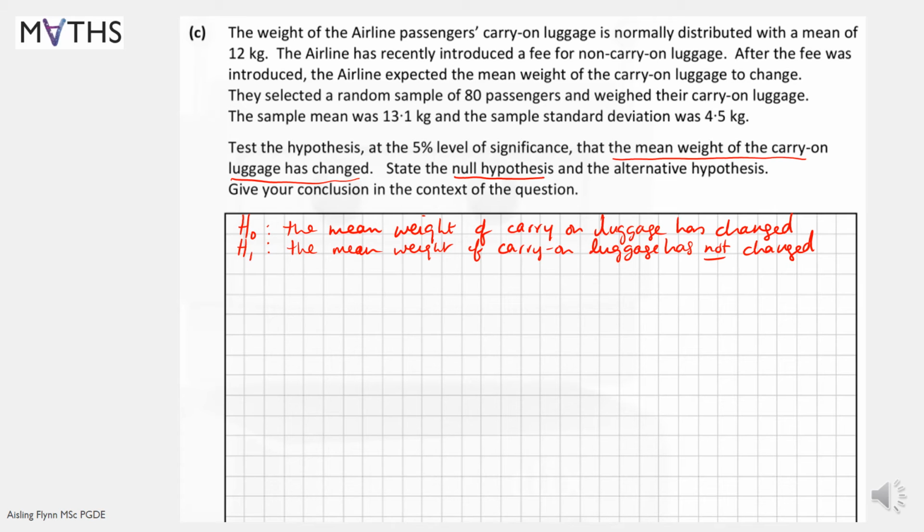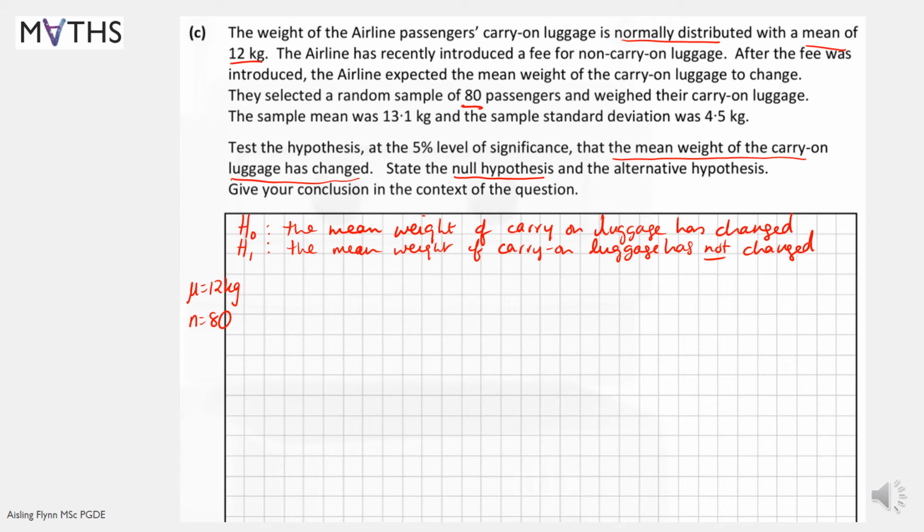Okay, so let's read through and see what pieces of information we have in the question. So we have the normal distribution, we have a mean of 12 kg, so I'm just going to make a list here. Mu is 12 kg, so that's of the population. We have a sample of 80 passengers, n equals 80.